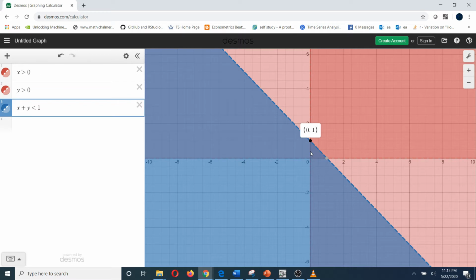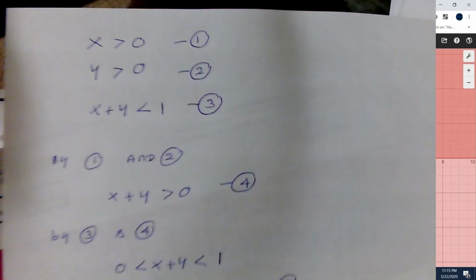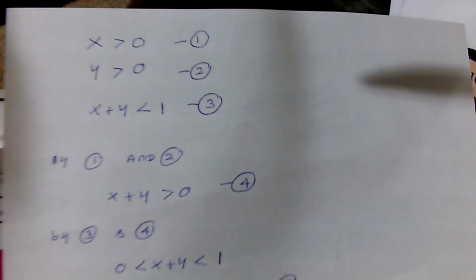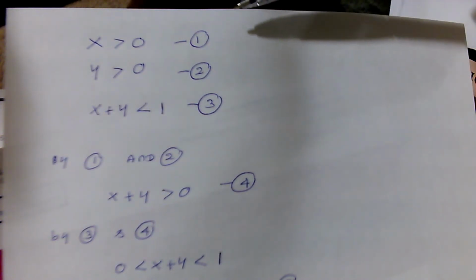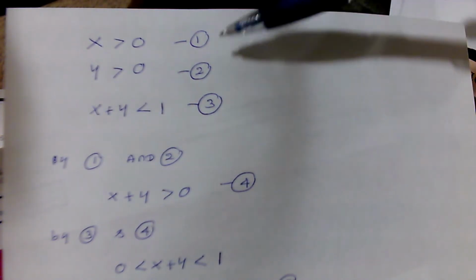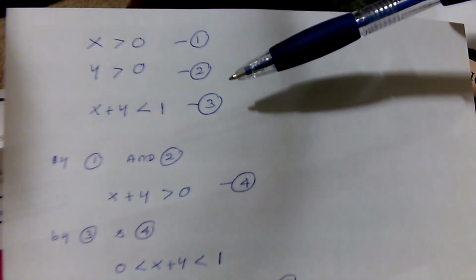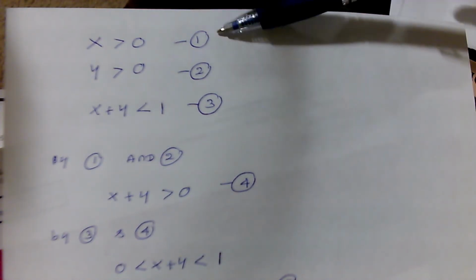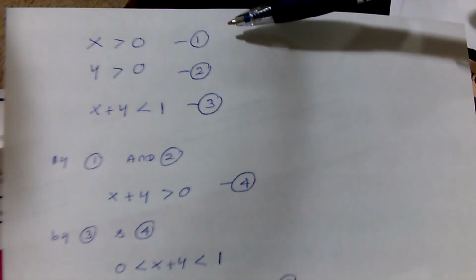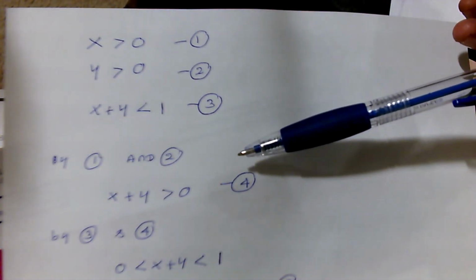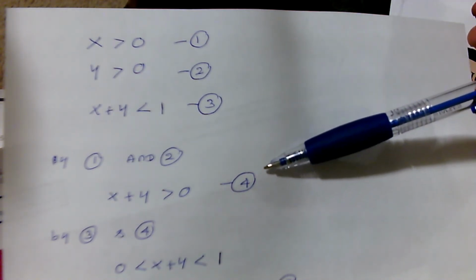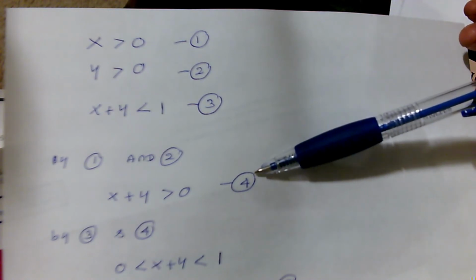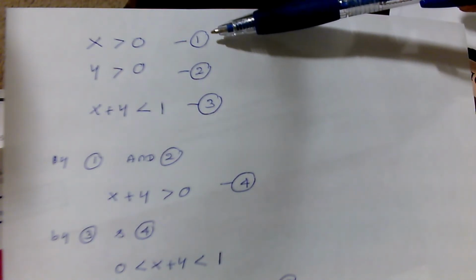So now I am going to verify this based on some equations. In this question they have given three inequalities which are numbered 1, 2 and 3. If you combine the first two inequalities, you can see that the summation of x plus y is always positive. So you can derive this equation 4 by combining equation 1 and 2.